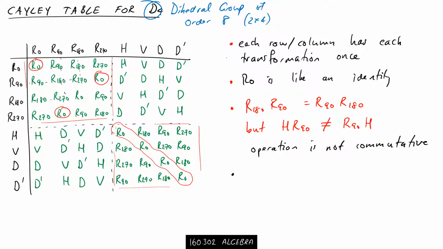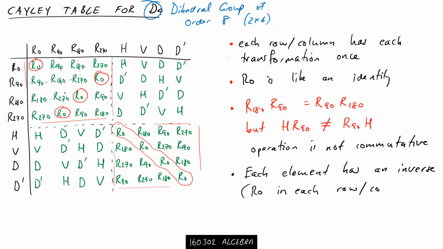Likewise, the inverse of R270 is R90, and R180 is its own inverse. But every element has an inverse, and that is an interesting property. Each element has an inverse, which, as far as the table is concerned, means there's an R0 in each row and in each column.